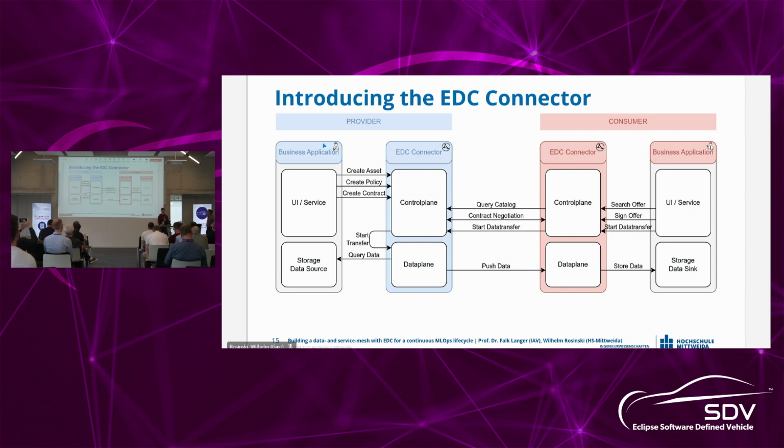Another option for the data transfer is not just copying data from one side to the other. The other variant is that the data plane works like a proxy gateway for HTTP requests. So now we have a fully complete data transfer over the data space between two individual data space participants.